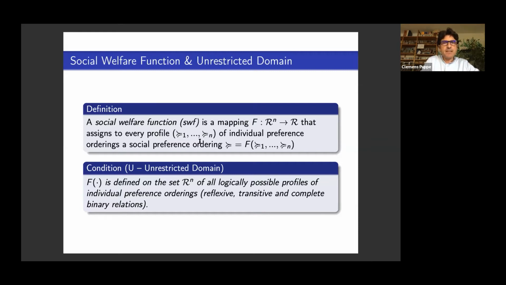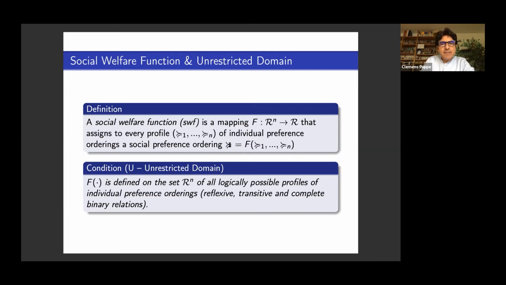This is this profile here. And a social welfare function simply takes such a profile and tells you what is the social preference that corresponds to this profile of individual preferences. Okay, so this function is called capital F.